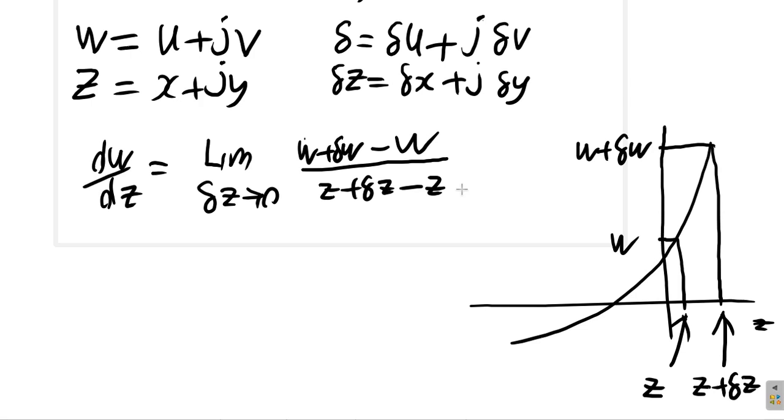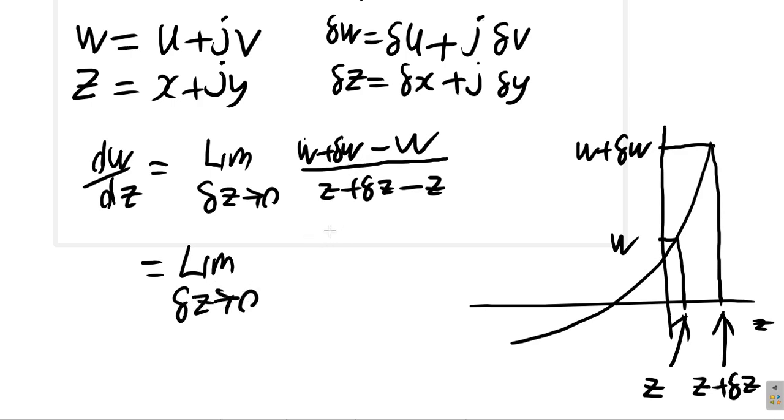Now, that change in W, oh, I didn't write W up here. It's delta W that I should have written here. So let me write it now. I have delta W. Alright, now that change in W by changing Z. How do I deal with this now? Limit as delta Z tends to 0.